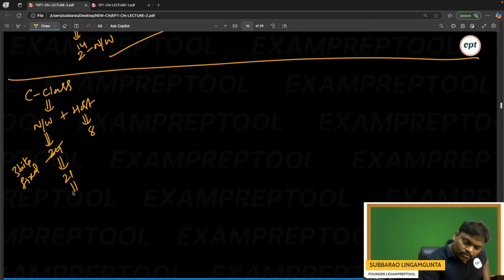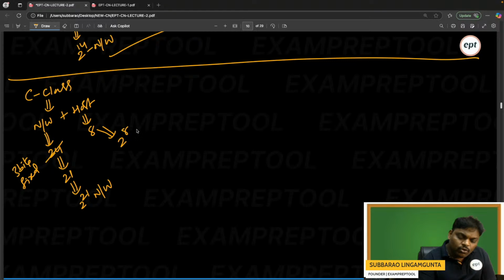So total networks possible: 2 power 21. For the host part, 8 bits, so 2 power 8 IPs. Remember, one network has 2 power 8 IPs.